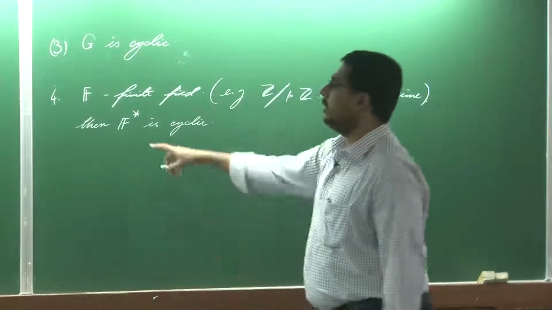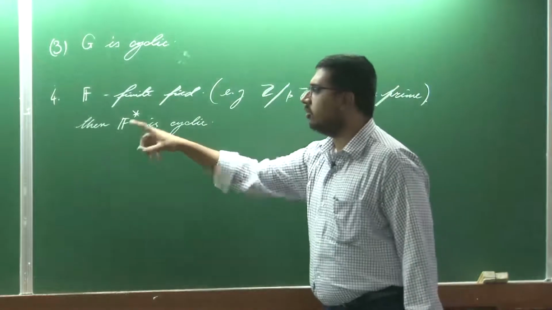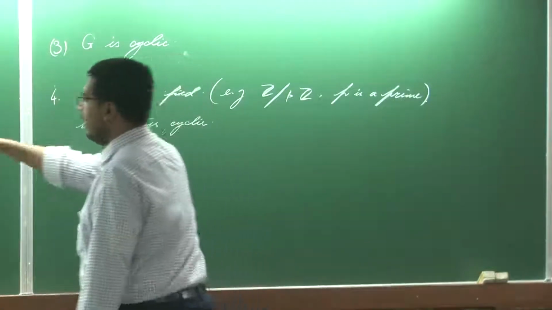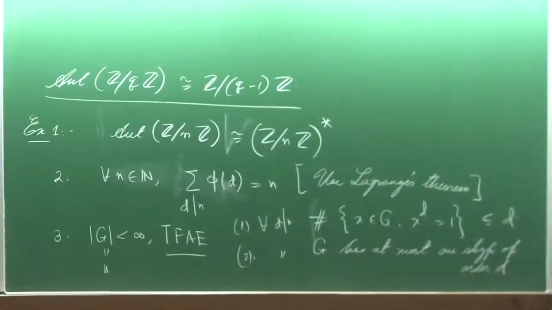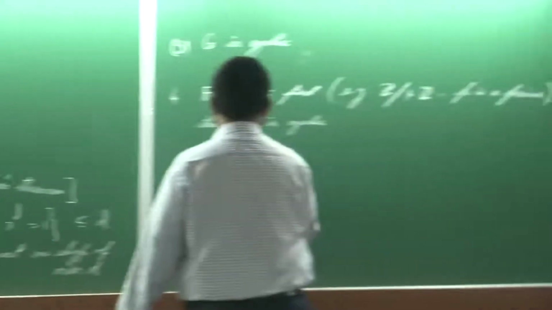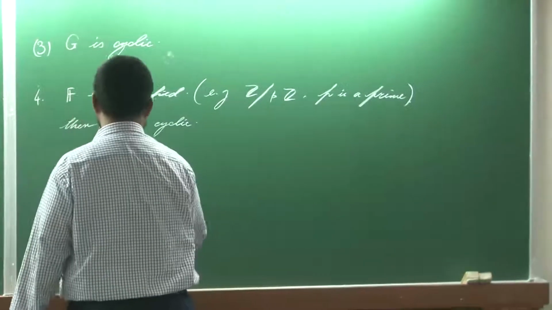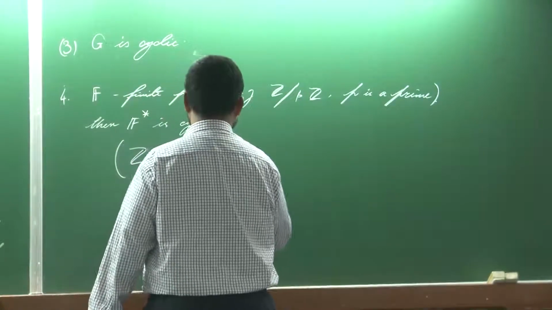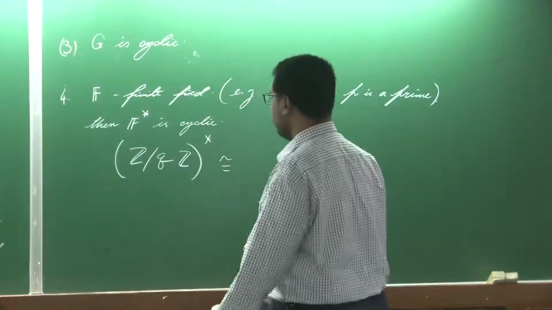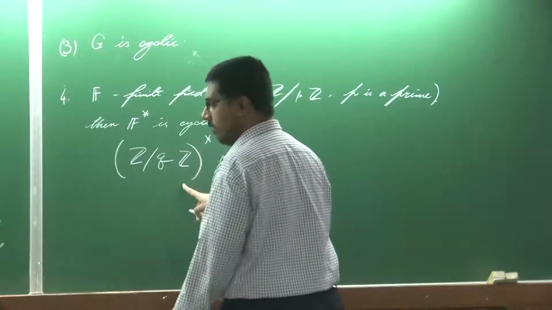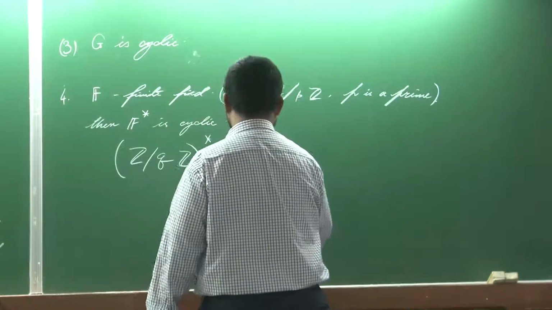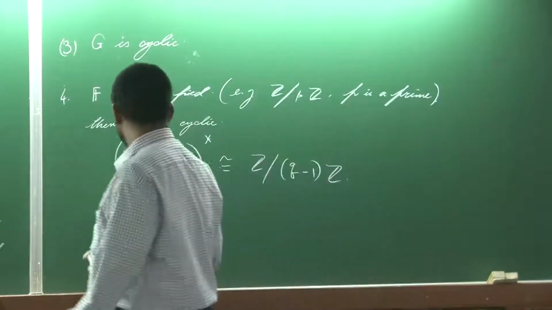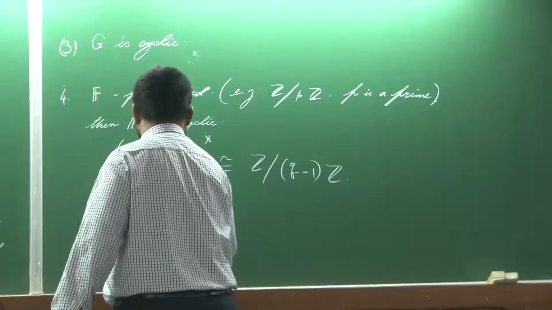Multiplicative group means it consists of all non-zero elements of that field. As a corollary, you can immediately see that in particular for any prime q, the automorphism group of Z modulo qZ is isomorphic to Z modulo (q minus 1)Z. This has order q minus 1 and is cyclic, so it has to be isomorphic to this for q prime.